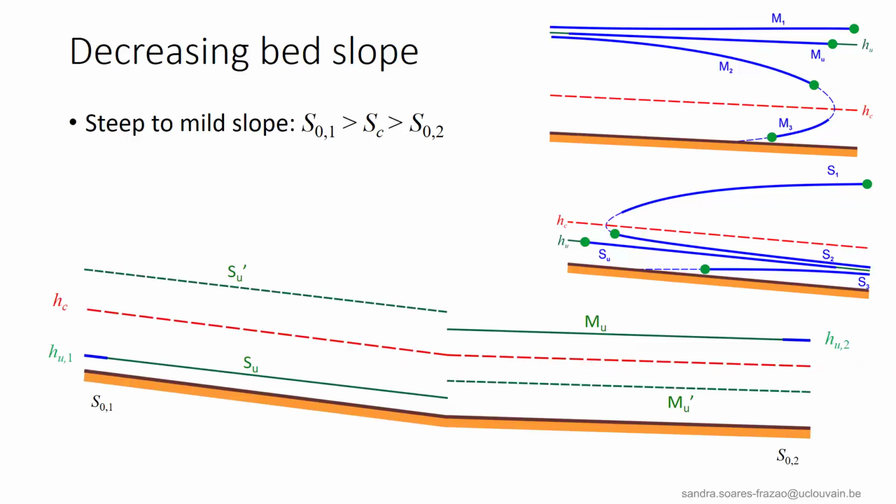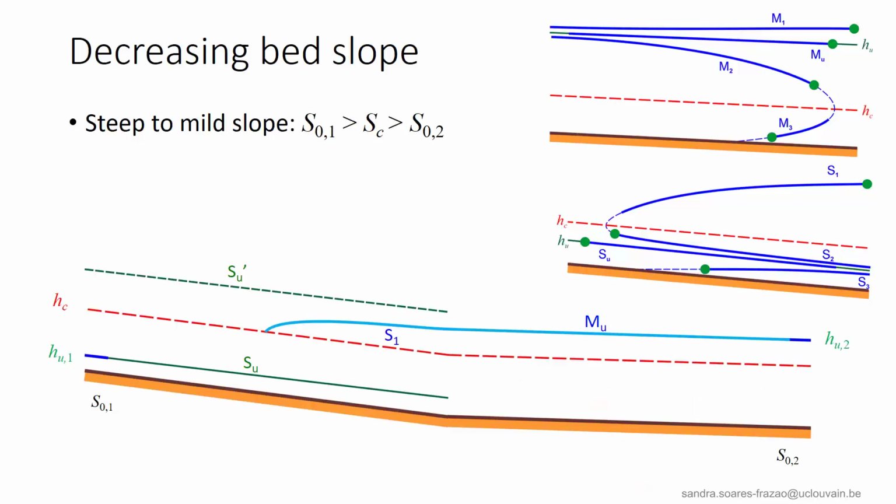With the normal depth HU1 as upstream boundary condition and HU2 as downstream boundary condition, we will have a SU profile in the upstream reach and a MU profile in the downstream reach. The positions of the sequent curves SU' and MU' indicate that the hydraulic jump will be located in the downstream reach.